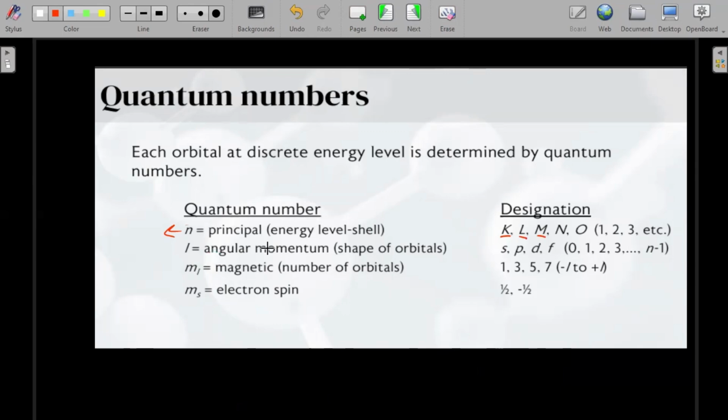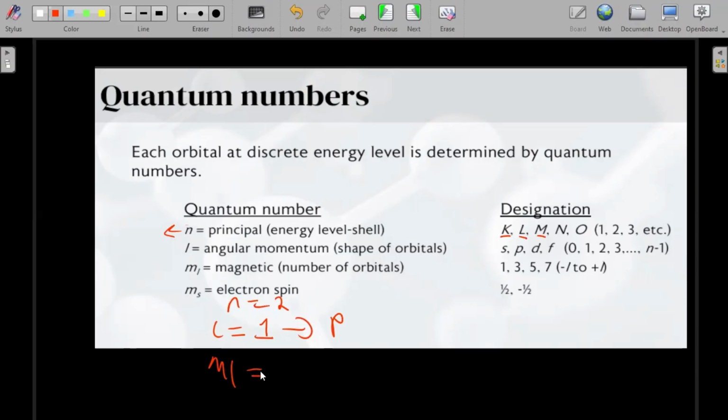For example, let's start with our L. If our L is 1, as we found previously, if n is 2, then L is 1, meaning the type of orbital we are having is a p orbital. And then ML, the magnetic quantum number, tells us the orientation of these orbitals.